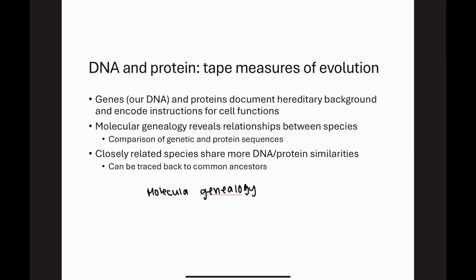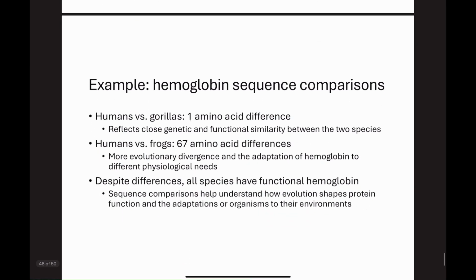For example, scientists compared the 146 amino acids in the polypeptide chain of hemoglobin to sequences in 5 other vertebrates. What they found was that the amino acid sequence of hemoglobin in humans and gorillas differed by only one amino acid, reflecting the close genetic and functional similarity between those two species.